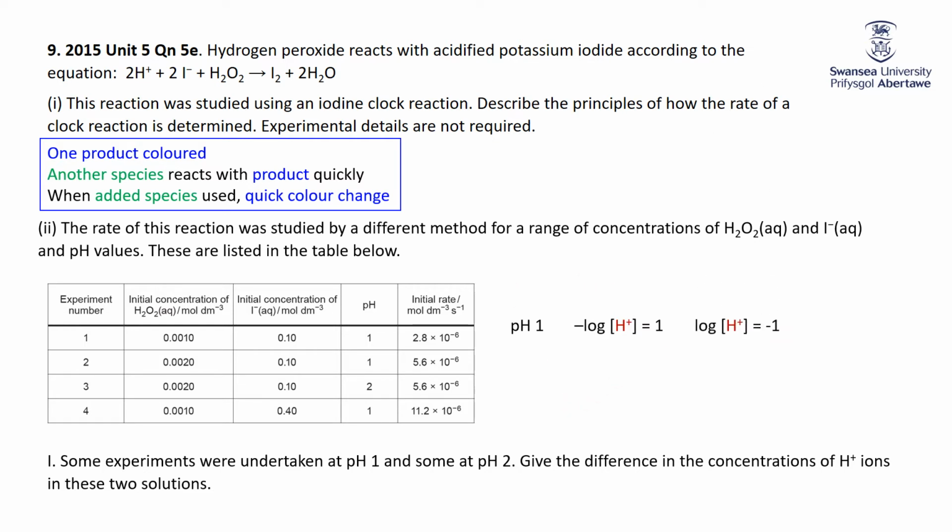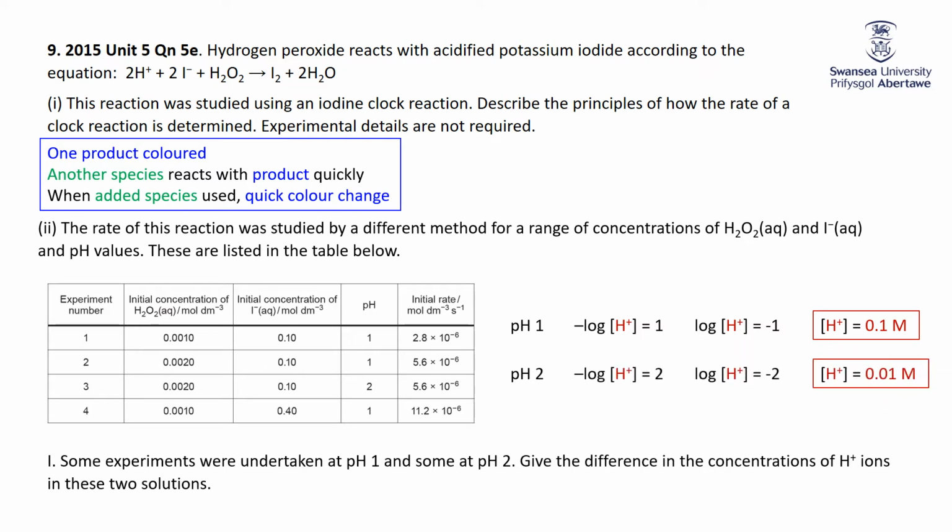So log of the H+ is minus 1, so therefore H+ is 0.1. Plug it in your calculator, take 10 to the x, it gets rid of the log, and 10 to the minus 1 is 0.1. Do the same thing for the pH 2. The H+ concentration 0.01. So a 1 change in pH is actually a 10-fold difference in the H+ concentration.